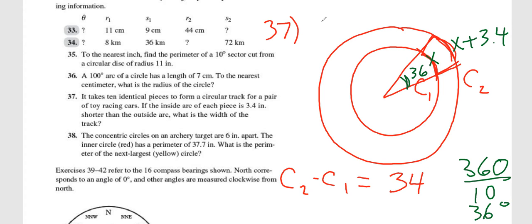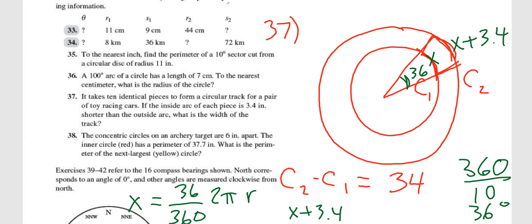Because we could find, so 36 over 360 times 2 pi x, that's equal to 1. Oh, no. X is not the radius. In my diagram, x would be over here. We don't know what the radius is. But then the other one, x plus 3.4 equals 36.